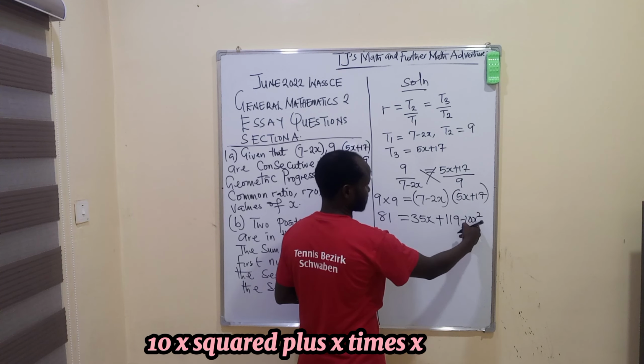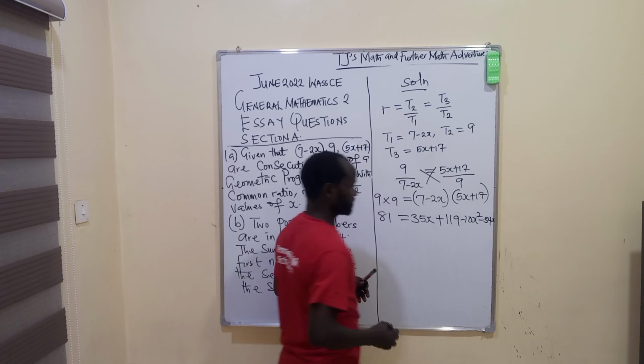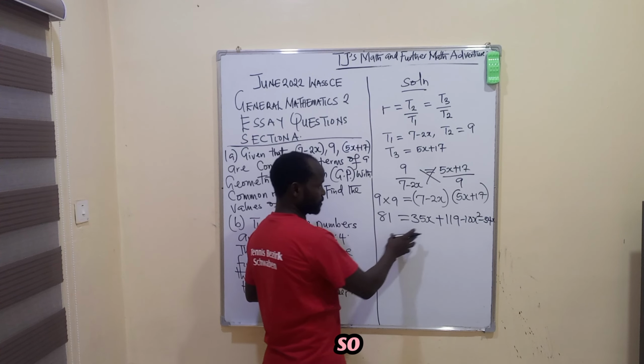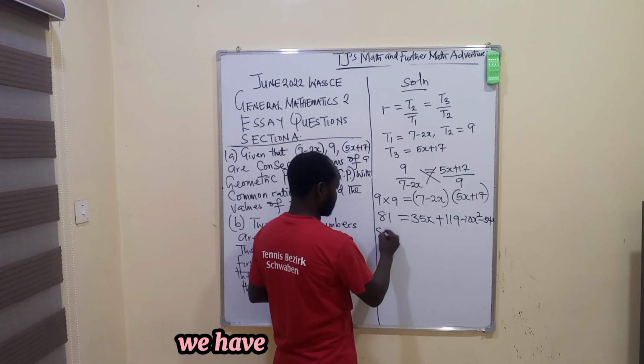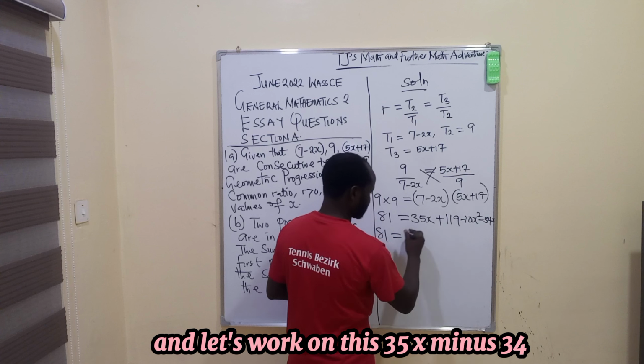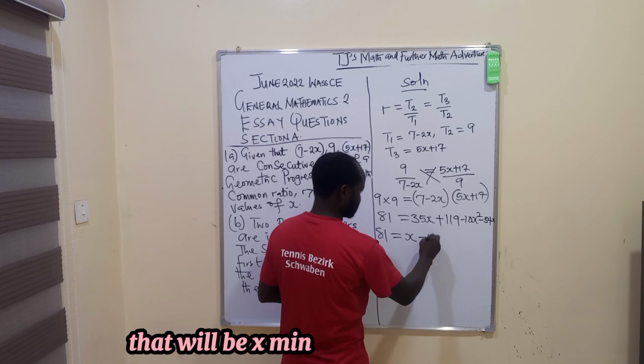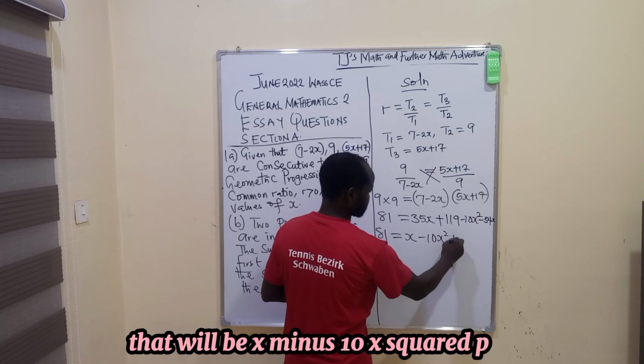Minus 2x times plus 17 will be minus 34x. So we have 81 equal to, let's work on this, 35x minus 34x, that will be x, minus 10x squared plus 119.